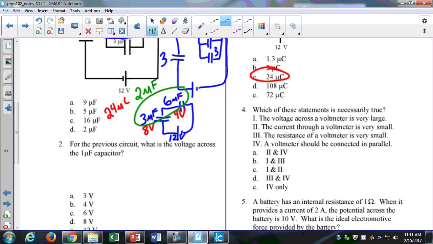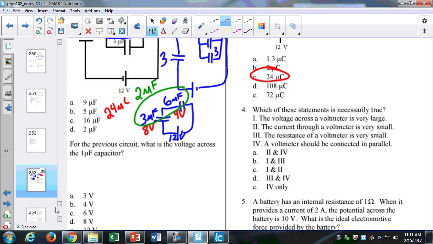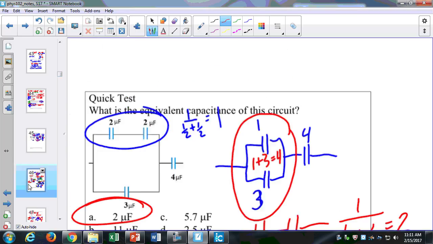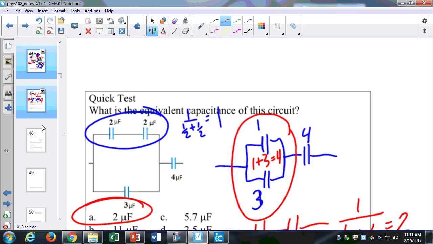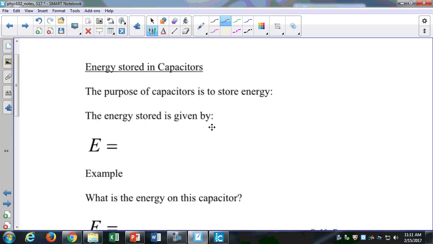Okay. Let's look at energy. We have one other thing on this little section, and it's really just sort of a little add-on, though it's kind of important because capacitors are nice because they can store energy. In fact, I'll show you a little video soon.